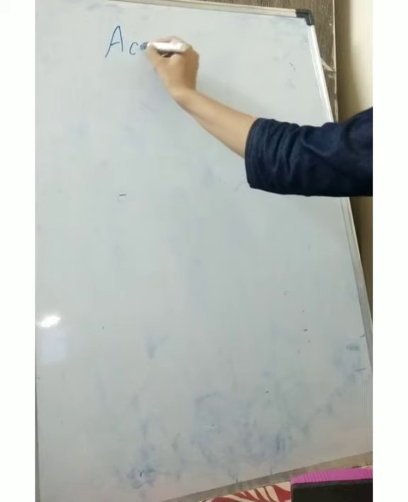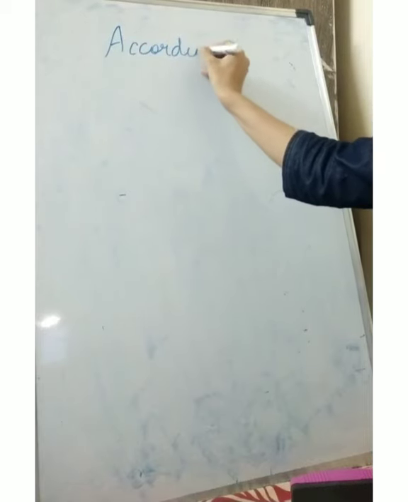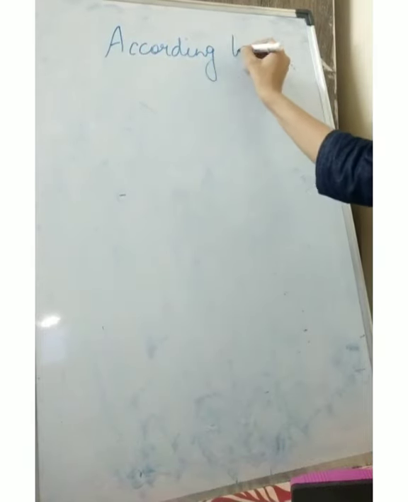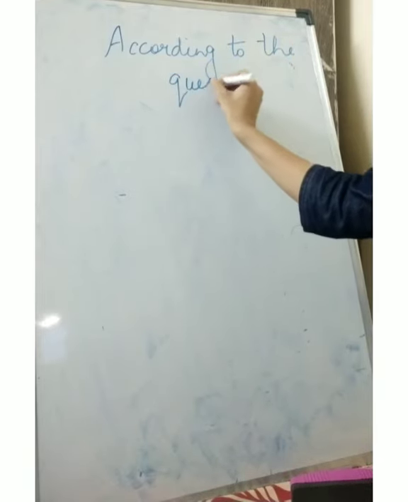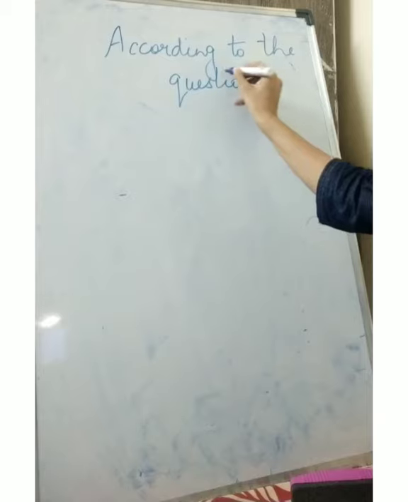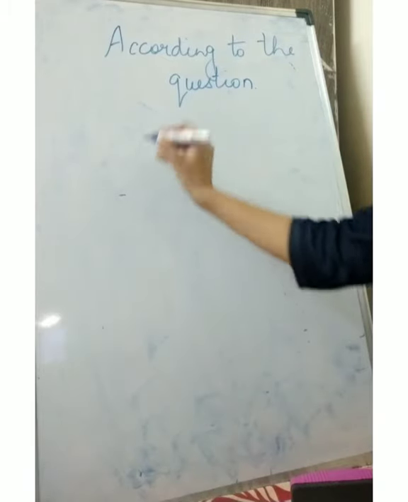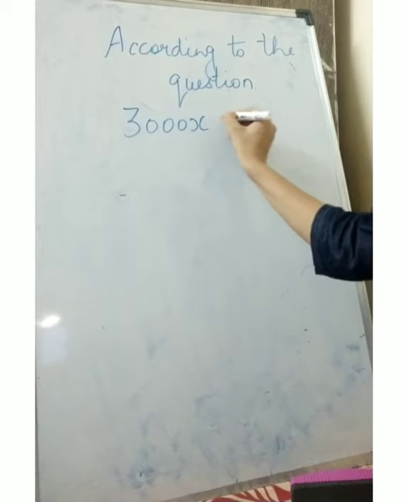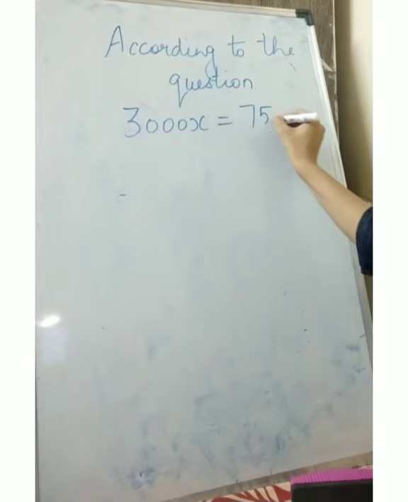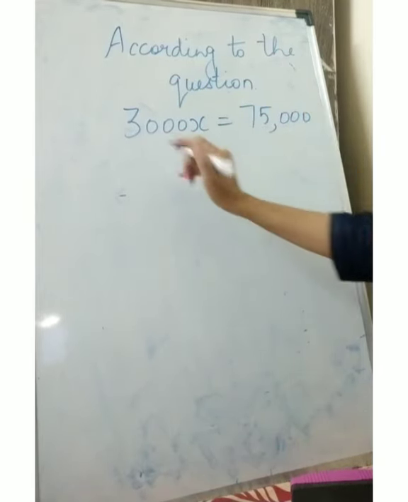Now according to the question, 3000x is equal to 75,000. Why have I written this?